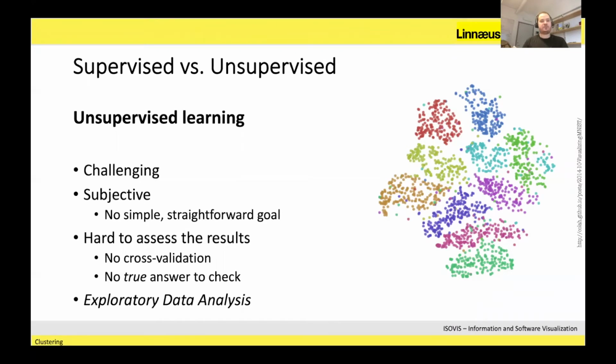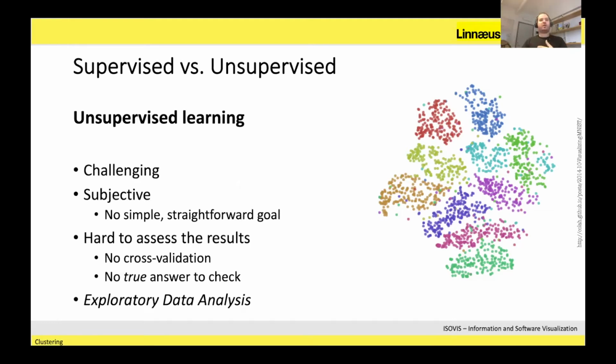So even if you do define your own goal, like, I defined that I want to maximize the separation between the points of two clusters, and so on and so forth, still, when you assess those results, they're subjective because they came from an optimization goal that you defined yourself.